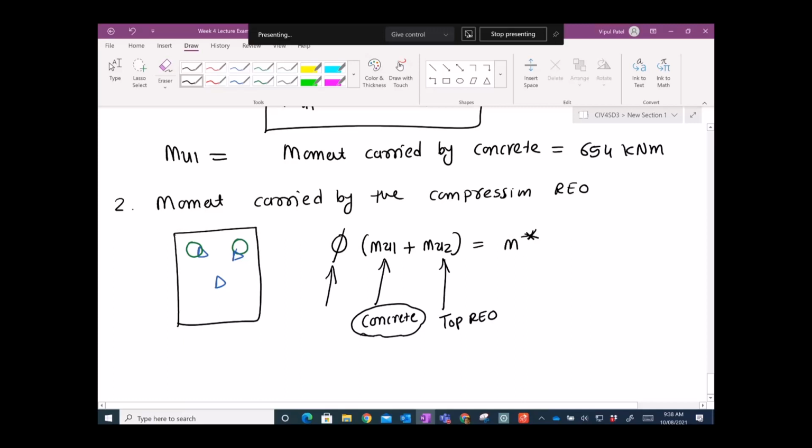We will add them one by one. You have the concrete moment capacity and the top reo moment. If you add them together, they give a total of 639 kilonewton meters.